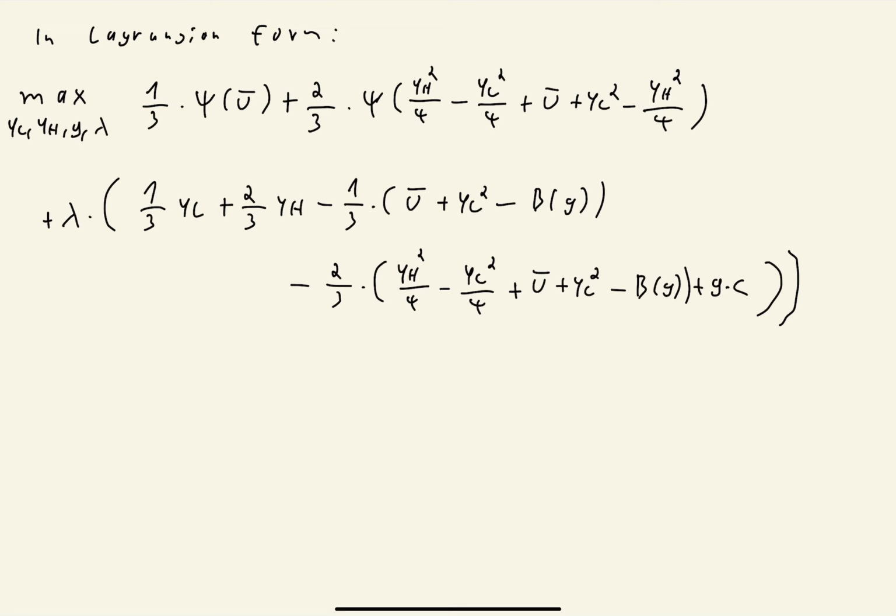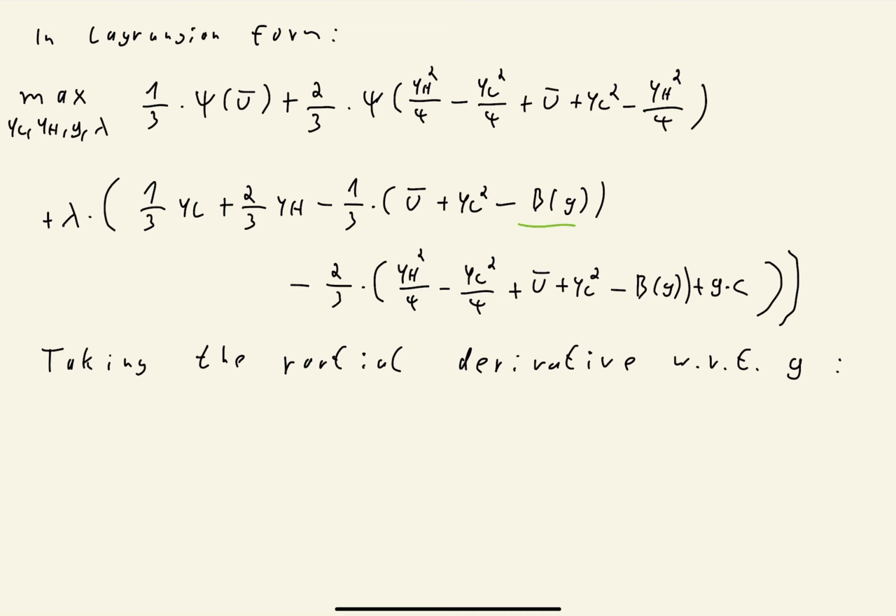And now what you can basically observe is that it's very simple now. Taking the partial derivative with respect to G will bring us the following. So if you look into this optimization problem, what you can observe is that the only two places where G is coming into place is here and here.